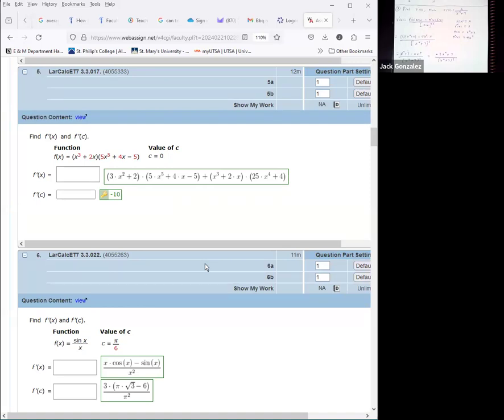For question number 5, both of them are the same thing. So find your derivative. Once you find it, plug in 0 and then write down the number. That is it.